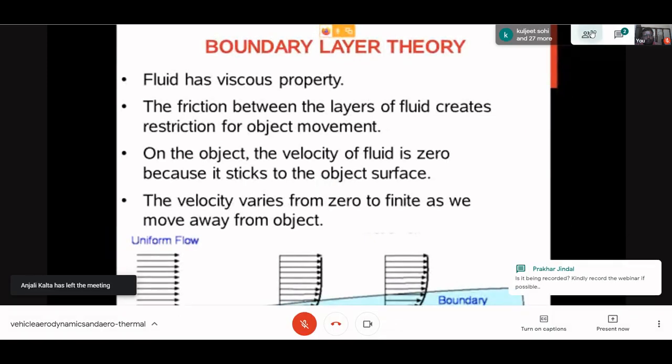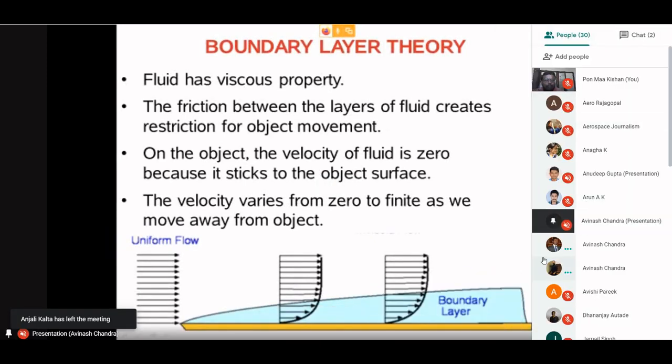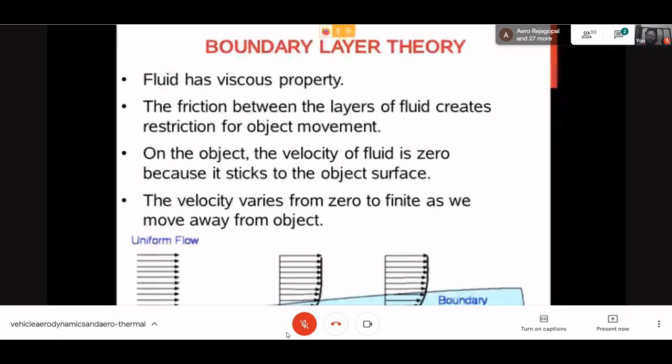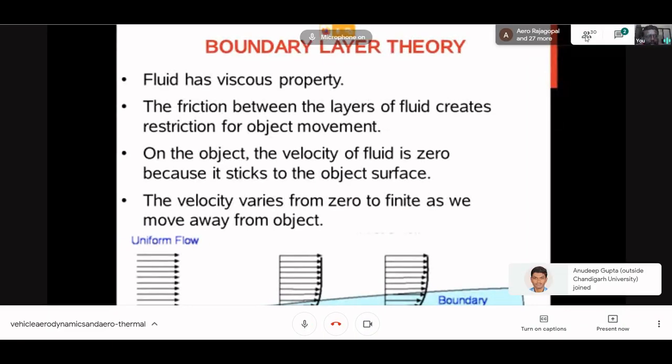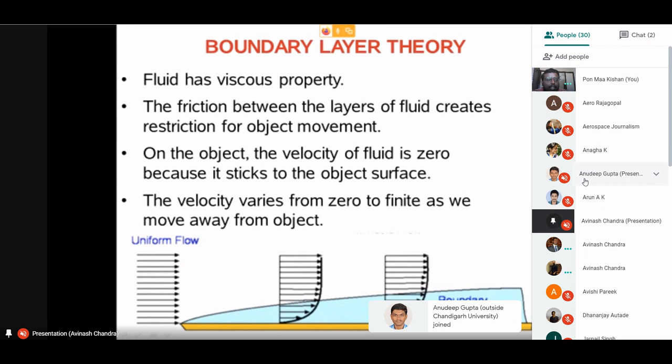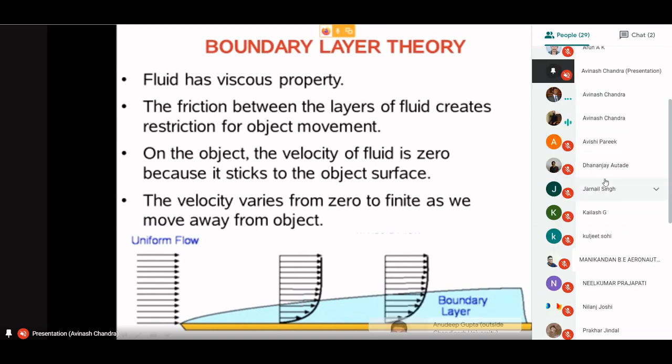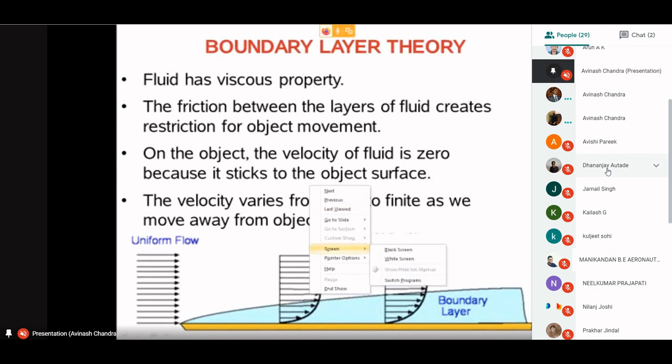Under that you can see the presentation by Avinash Chandra. Pin to screen. Now I can see it. Got it, thank you. Okay, so continue.